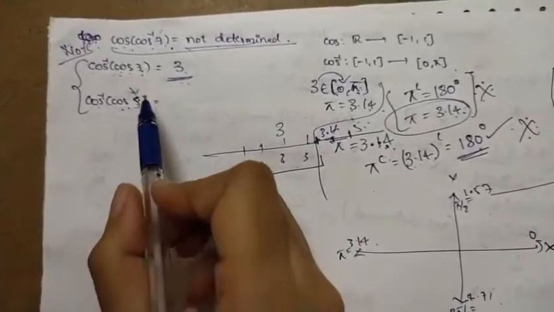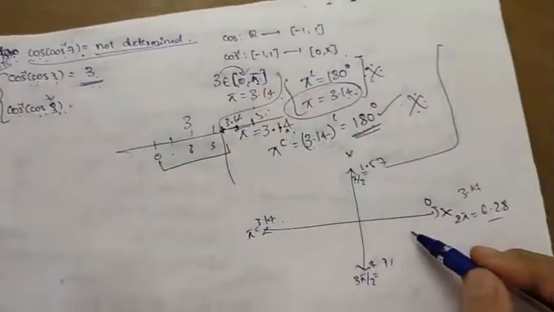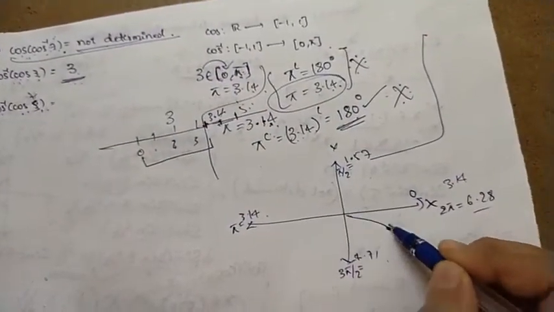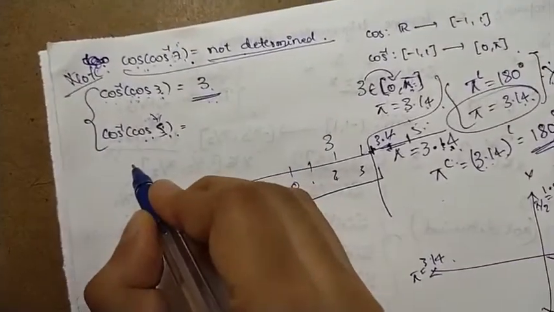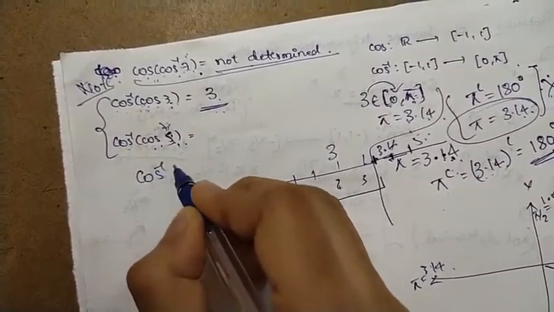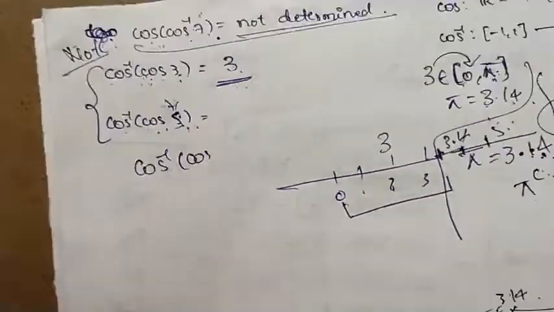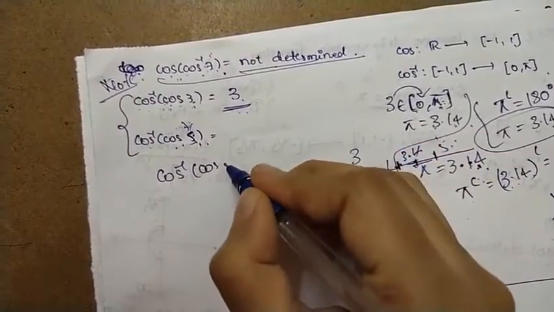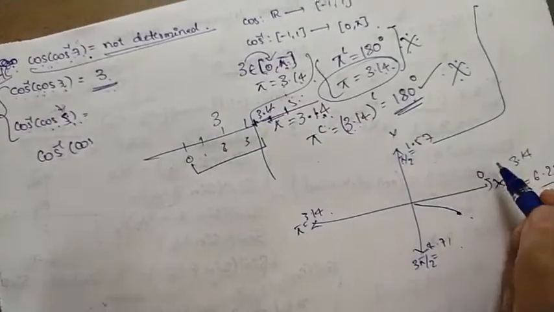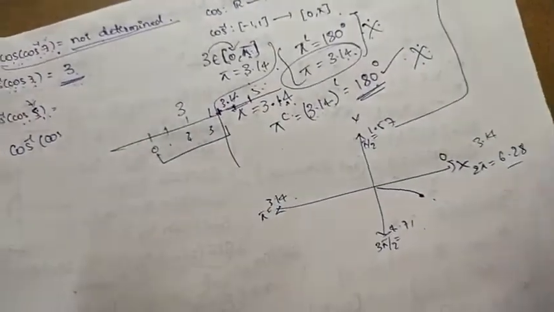So what we are having here is cos of 5. 5 lies somewhere here. So I can now write this as cos inverse of cos of 2 pi minus 5, where 2 pi is 6.28.